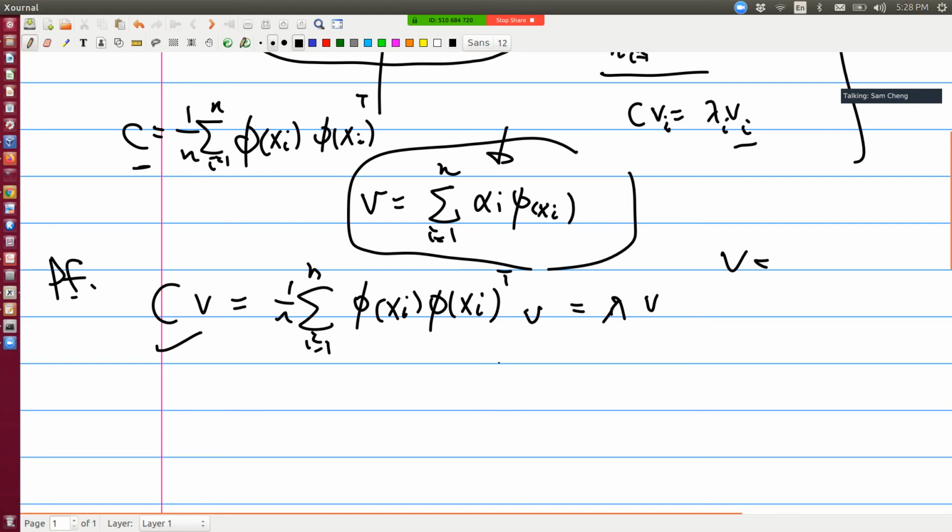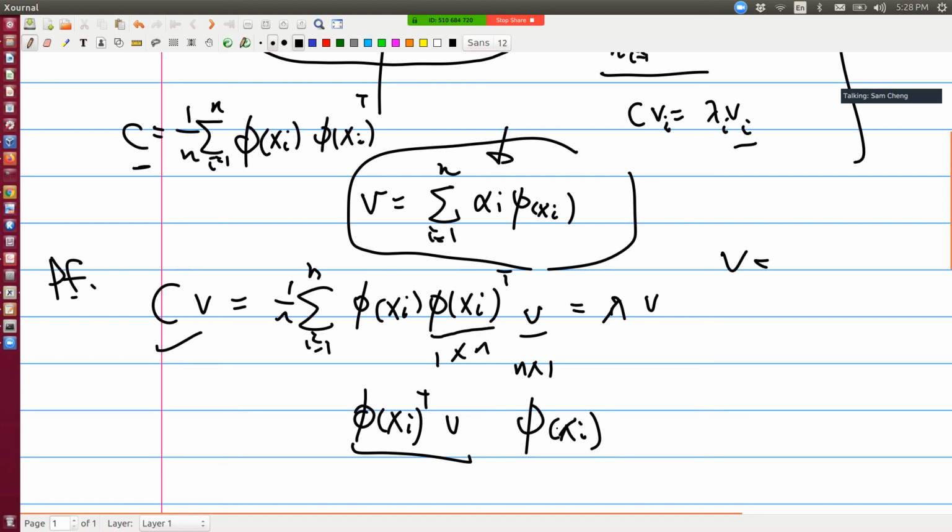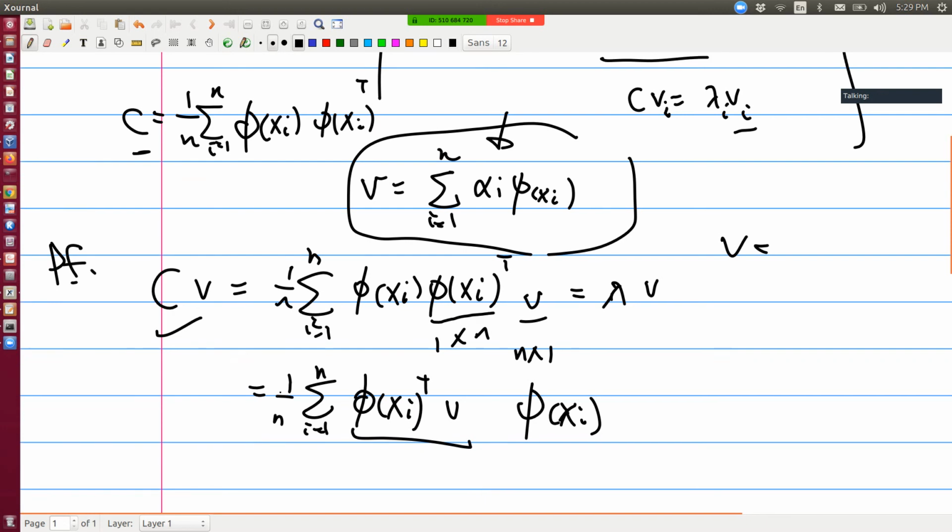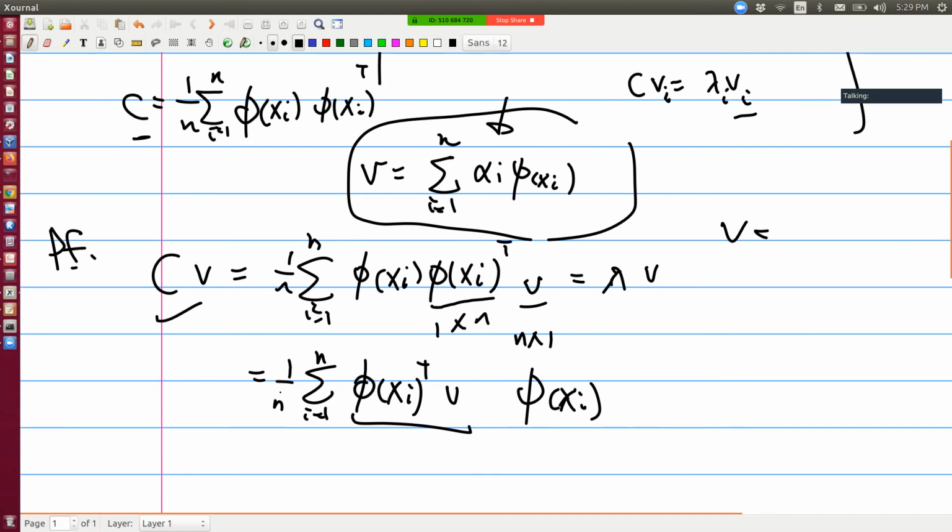Now, that's the simple thing. So you see this is actually a 1 by n vector, right? This is an n by 1 vector, right? This is actually a scalar, so I can just write here, actually, this is just a dot product, phi xi transpose V. So this is basically just a scalar, right?